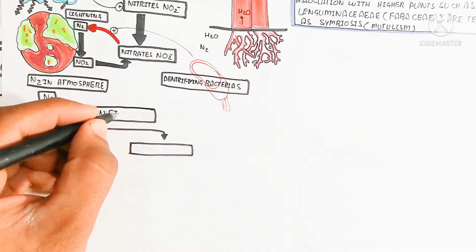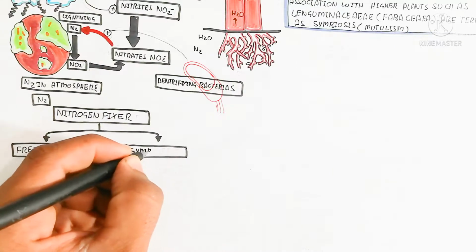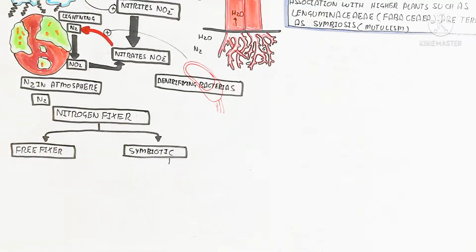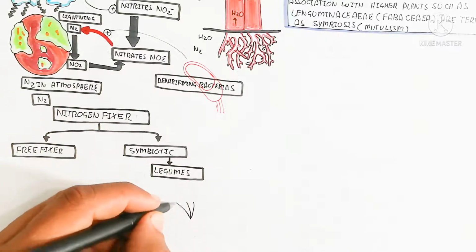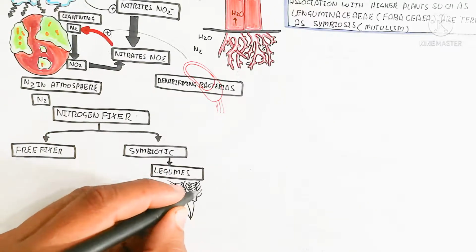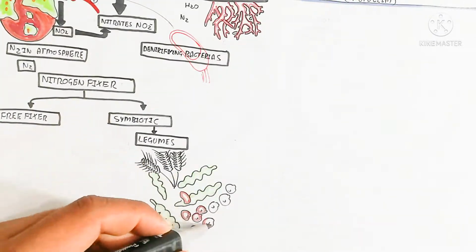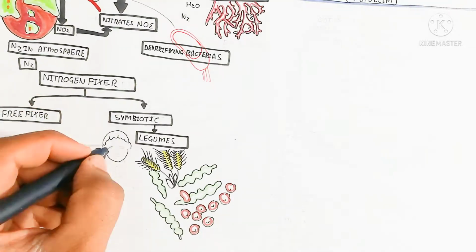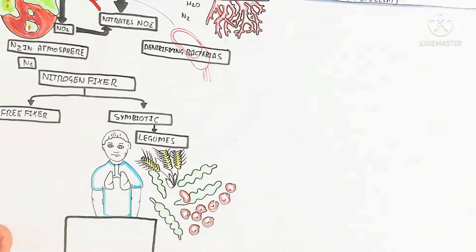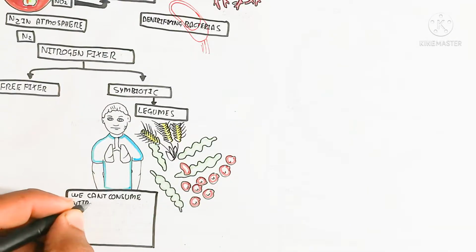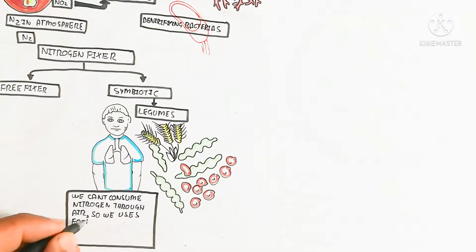So the nitrogen fixer can be a free fixer or symbiotic. The symbiotic fixer can produce different types of protein in different plants, for example legume plants, which produce legumes. You can see that beans and grams contain protein because nodules are present which fix the nitrogen in the form of ammonium ions.